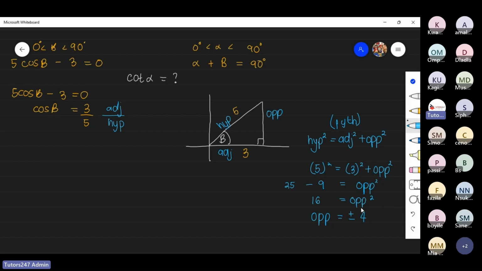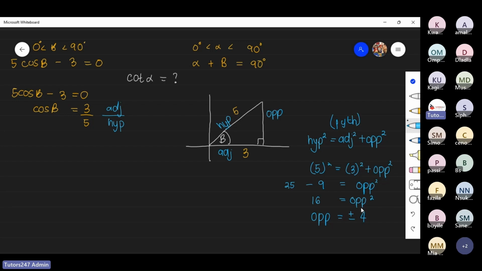If your opposite is on top, meaning the positive y area, you will choose the positive 4 value. If your opposite was in the negative y area, the bottom, you would have chosen the negative 4 value. If we were calculating the adjacent and our adjacent was on the right, we would use the positive value. If our adjacent was on the left, we would use the negative value. So keep that in mind.